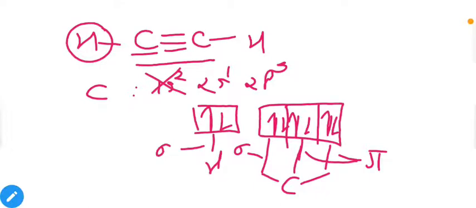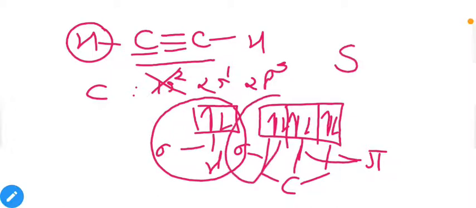So as we discussed earlier, we need to count sigma bond pairs and non-bonding electron pairs. In this structure, we do not have any non-bonding electron pairs. We have sigma bond pairs and pi bond pairs. So in hybridization, we need to concentrate on sigma bond pairs only. So we have one sigma bond pair in the s orbital and only one sigma pair in the p orbital.